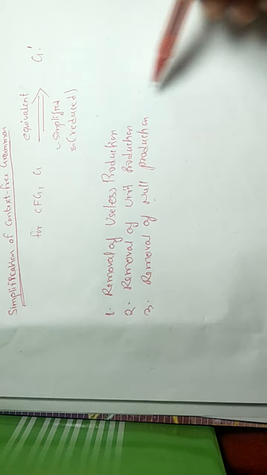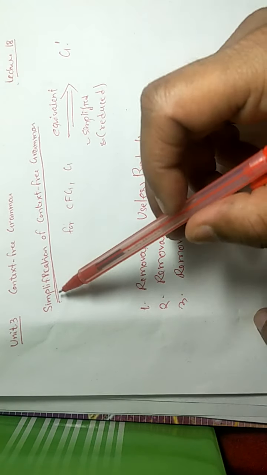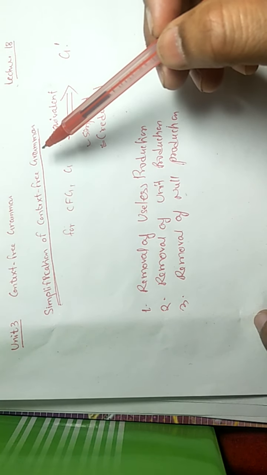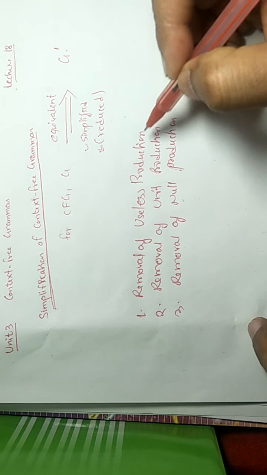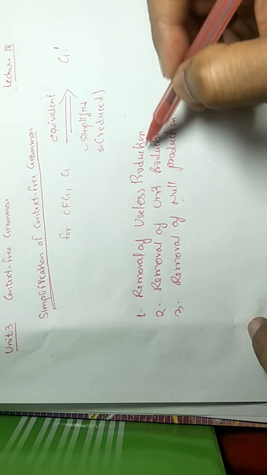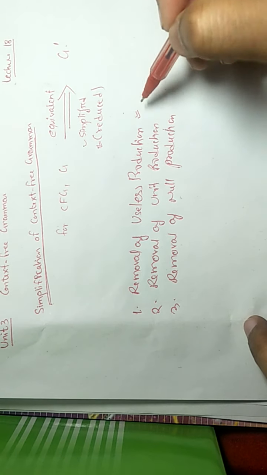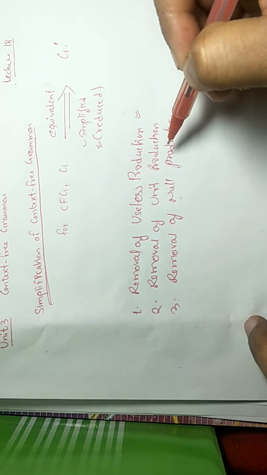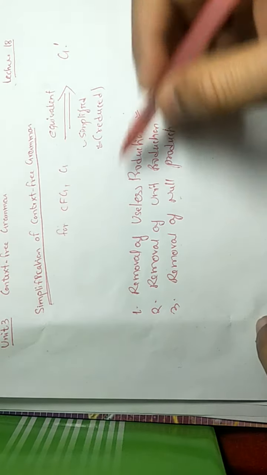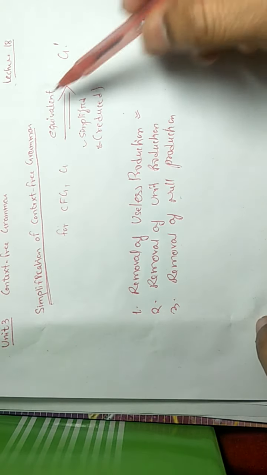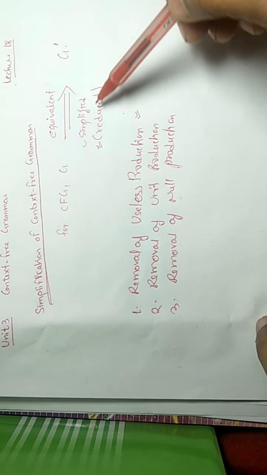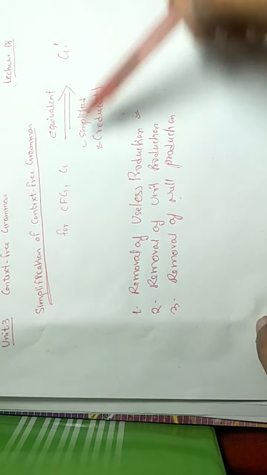So these all three make one topic, simplification of context free grammar, and sometimes we get the question from any of these, either removal of useless production or unit production or null production, or we have to do all three when the question is asked to find a reduced grammar.